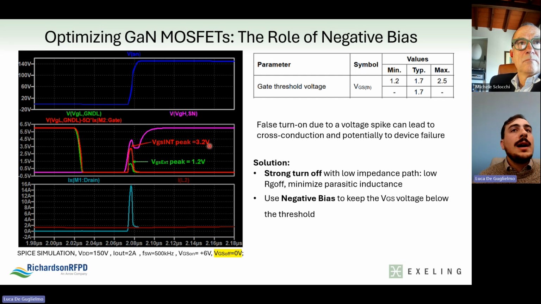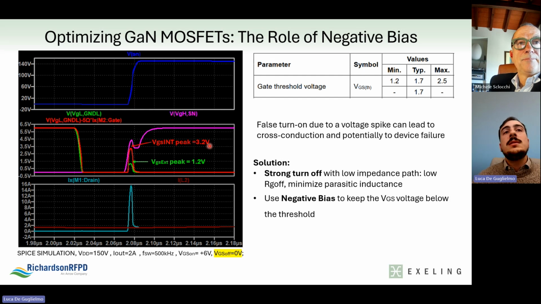What I want to highlight is that even if you don't see a large spike between the gate and source pins, you may still have some degree of cross conduction between the high side and the low side transistor, because internally to the device, even if only for a short time, you may have exceeded the threshold.